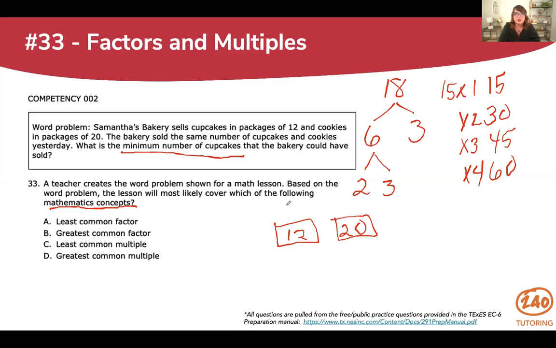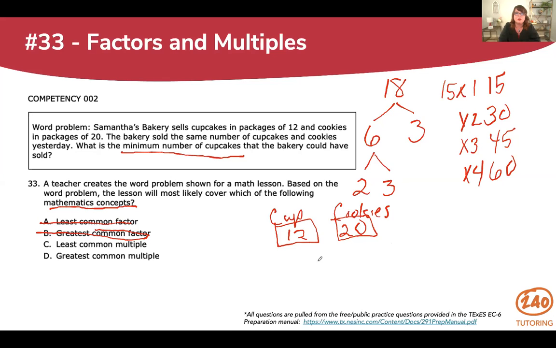All right, so cupcakes and cookies. What we would have to do to solve this problem is find a multiple, not a factor, because we're not going to break this down into a smaller number. So that rules out answer choice A and B. We're not looking at factors, we're looking at multiples.